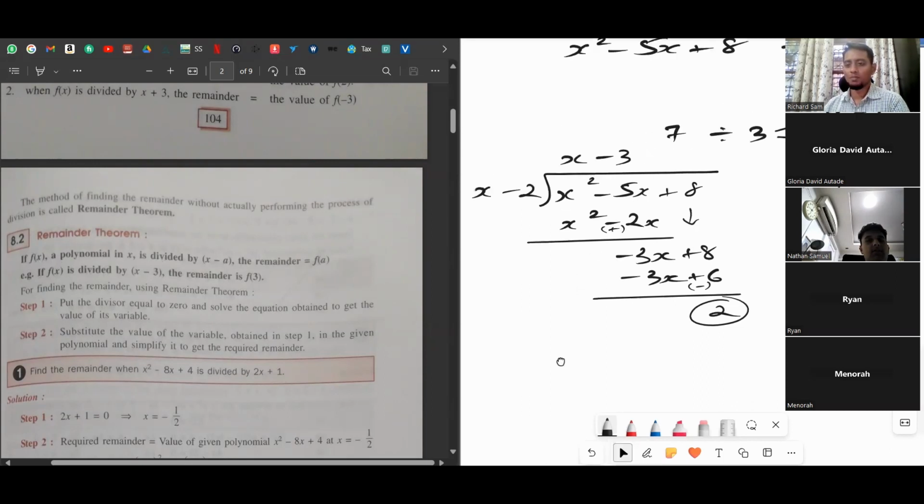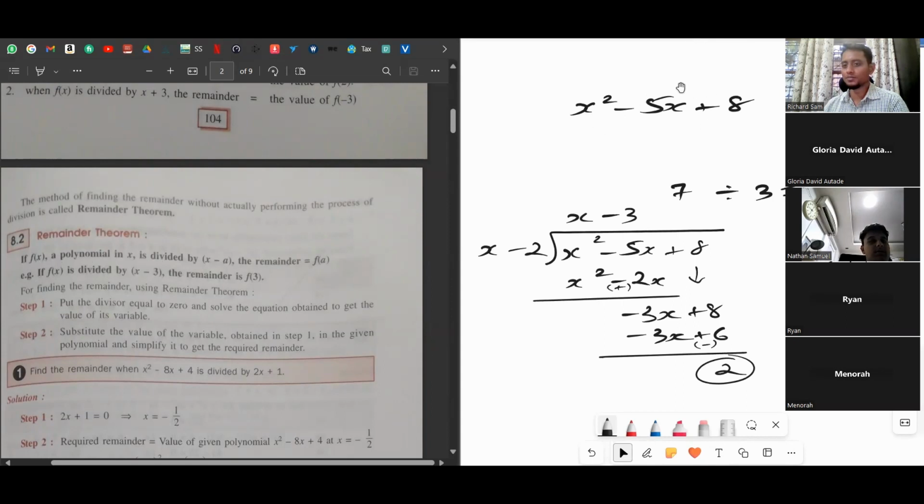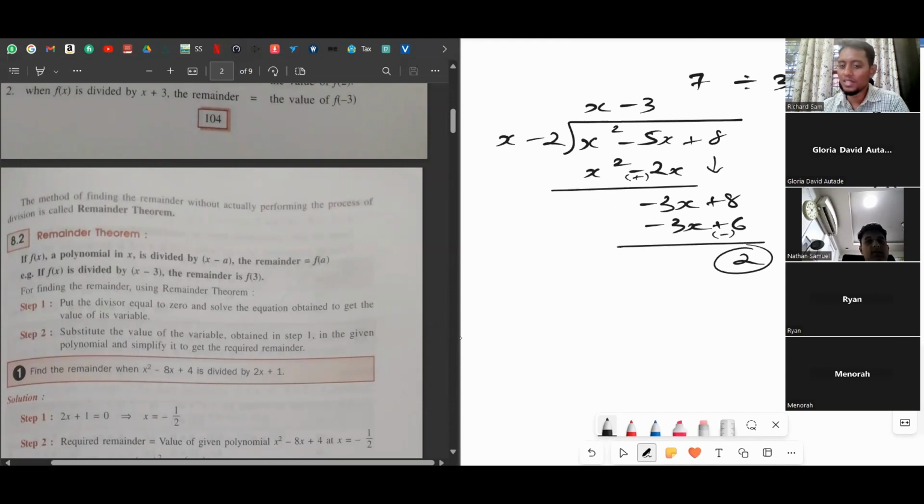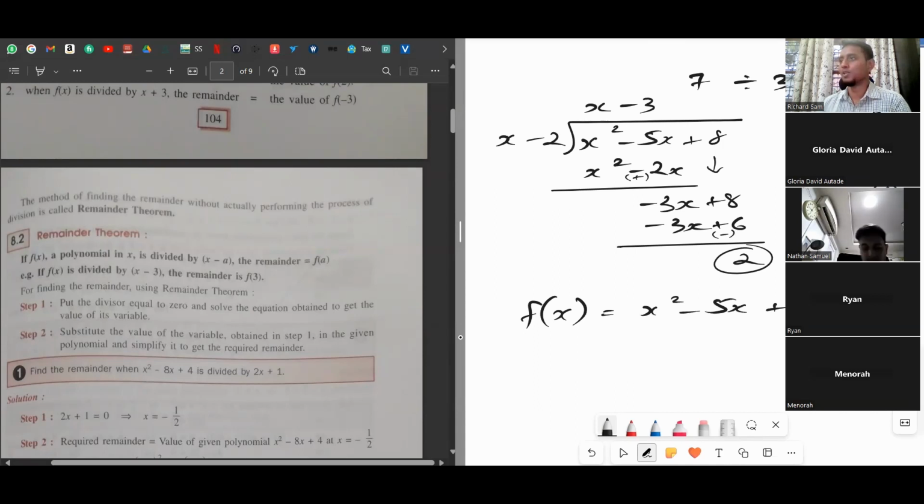Okay, so here our polynomial is going to be this one here. What is that? x square minus 5x plus 8. We will call it f of x. So f of x is x square minus 5x plus 8. This is our polynomial. How many terms are here? 3 terms. Okay, so now let's read this again.